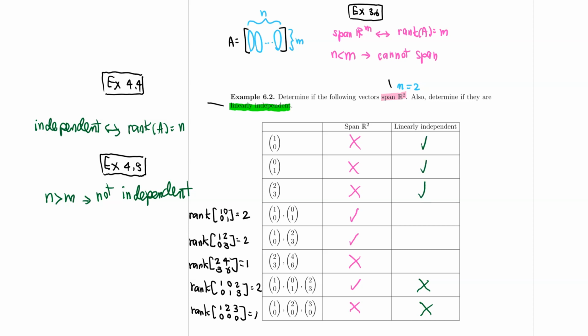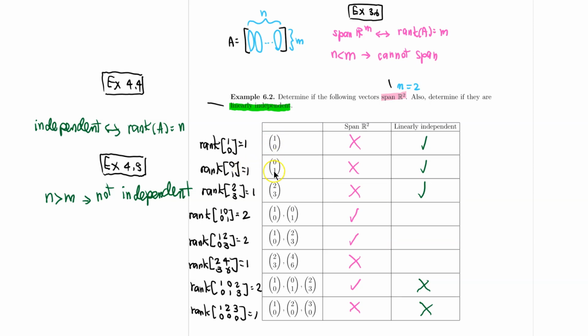Or if you want to check, you can find that the rank of the matrix that I get by putting this into vector form is just going to be 1. That is the same for the other 2 cases as well. The rank of 0, 1 is just going to be 1, and the rank of 2, 3 is just going to be 1.